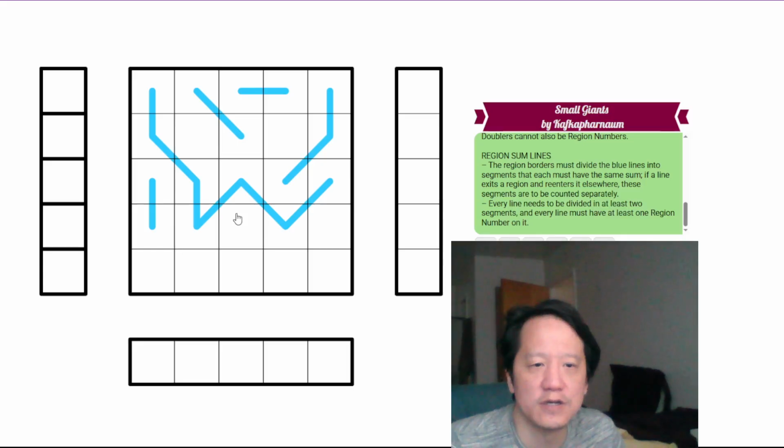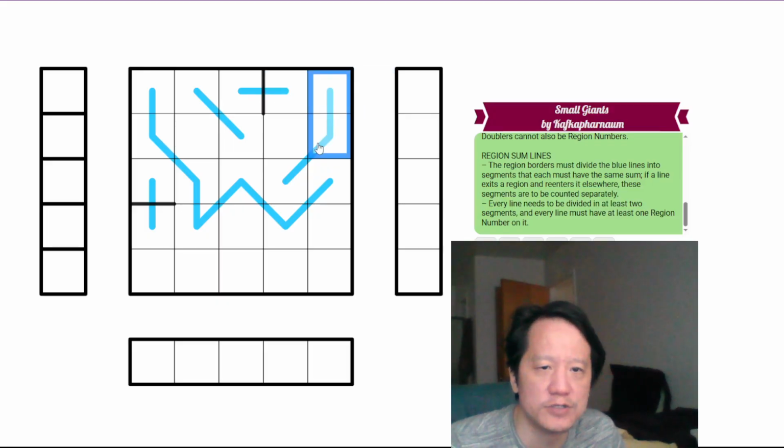Let's go. Okay. We know region sum lines must be divided into different regions. There must be some regions, so this cannot be all 5 there, because that would be the same region.